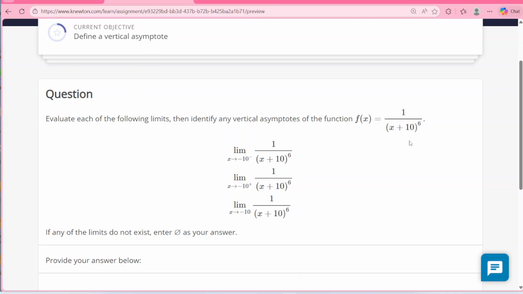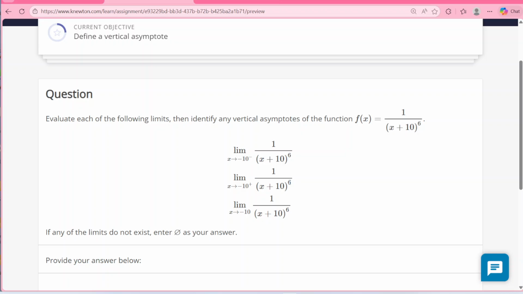Now notice how the denominator, the x plus 10, has an even power. So you have 1 in the numerator, and then x plus 10 to an even power. Having x approach -10 from either side won't matter. From the left, x plus 10 will be negative, but then you raise it to the 6th power, and raising to an even power makes you positive again.